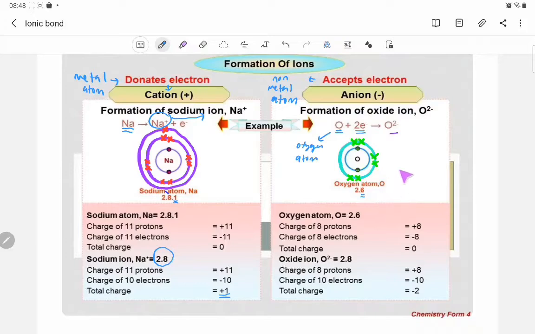So that's why it receives 2 electrons, and then it will form oxide ion, O2 minus.